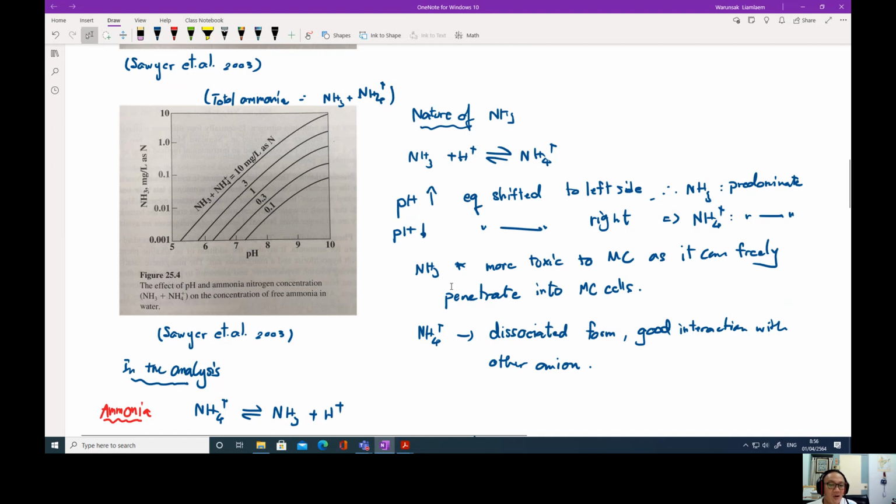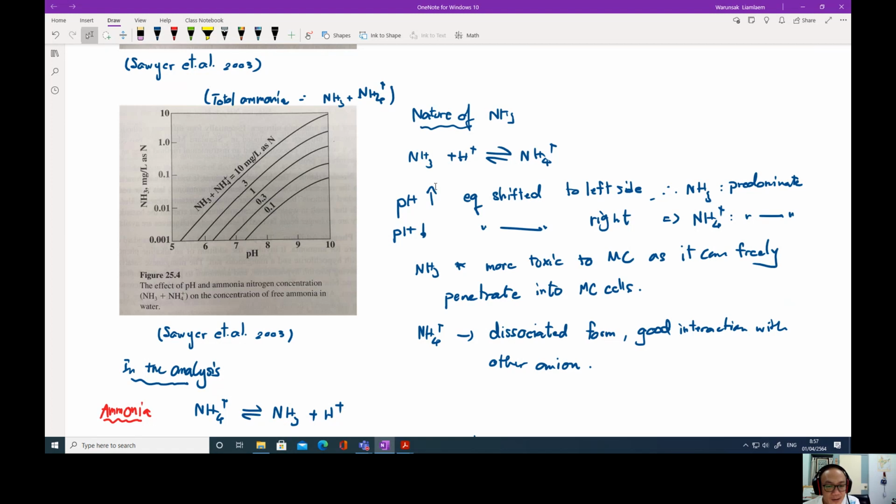But if the pH is getting lower, lower means the concentration of hydrogen ion is high, then the equilibrium will shift to the right side of the equation. Therefore, the ammonium ion will predominate under low pH. So which form of ammonia will exist greatly depends on the pH value.